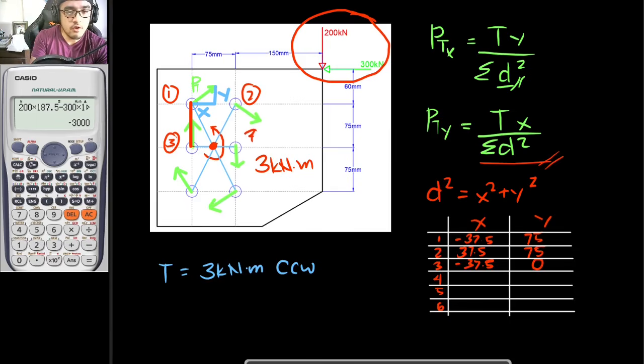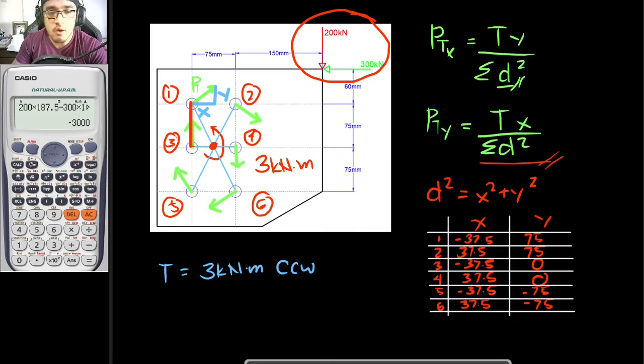And as for these ones right here at the bottom, 5 and 6, they both have a y value of negative 75, and their x values are negative 37.5 and positive 37.5 respectively. So do you guys follow where these values came from?